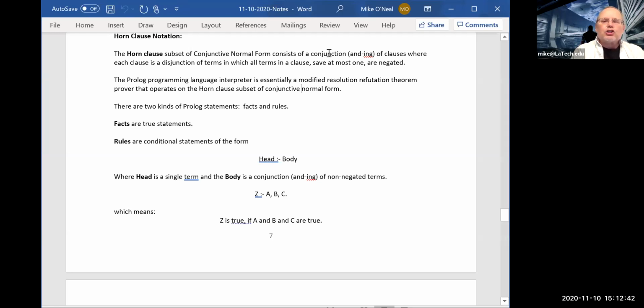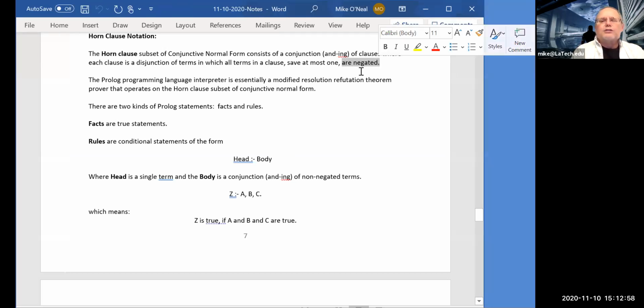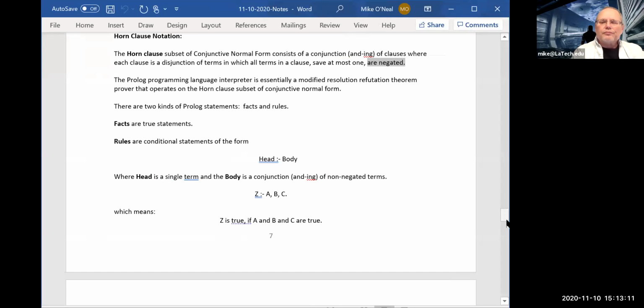It's a conjunction, an anding of clauses, where each clause is a disjunction of terms in which all of the terms in the clause, save at most one, are negated. In the horn clause subset of conjunctive normal form, you're only allowed to have at most one non-negated term.